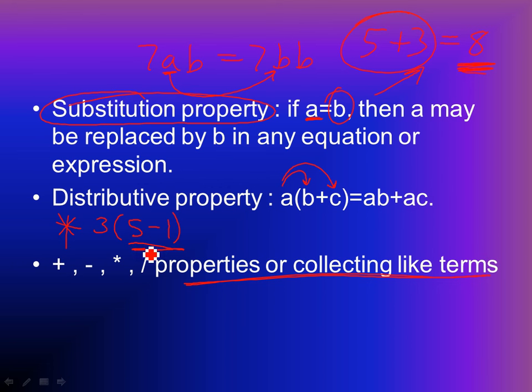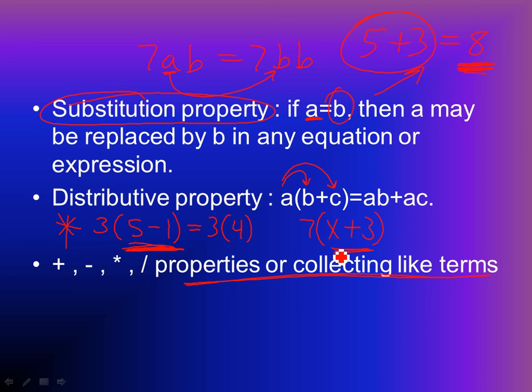What you should do on a problem like this is go ahead and do the subtraction in there and get 3 times 4, then do the multiplication. You only use the distributive property when you have something like 7 outside, then an x plus 3 or something inside, where you can't actually add or subtract those things inside the parentheses.